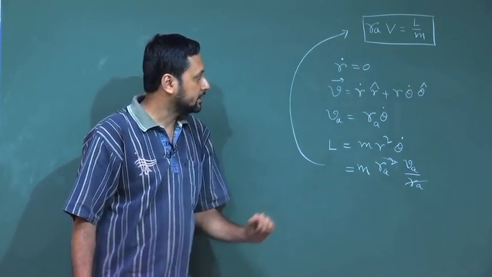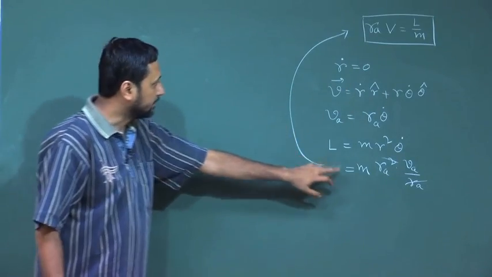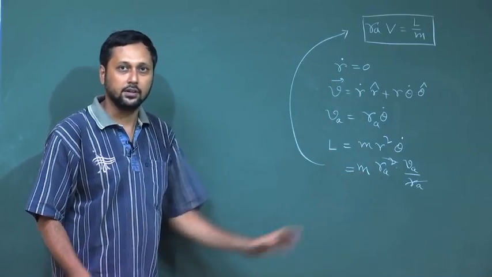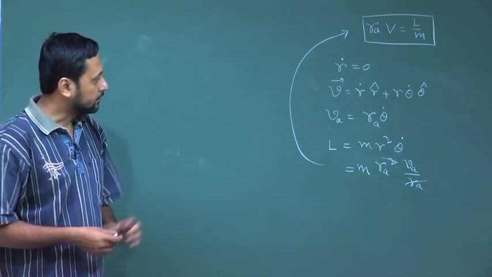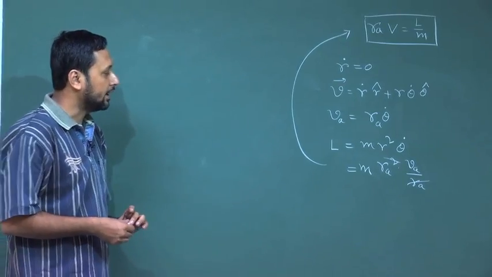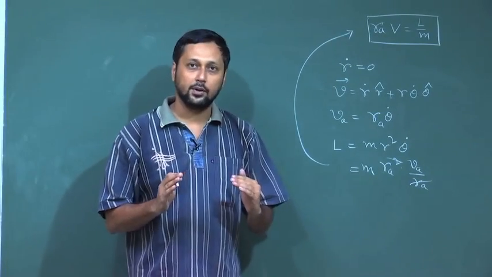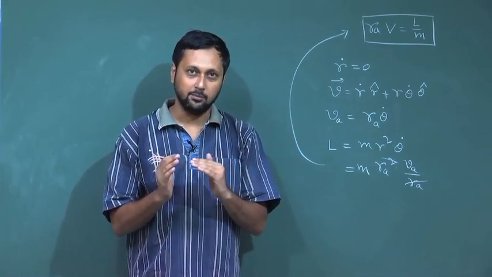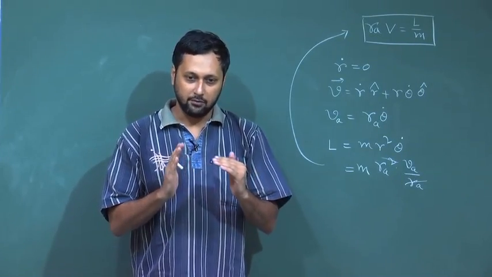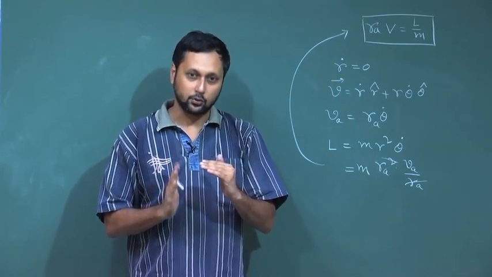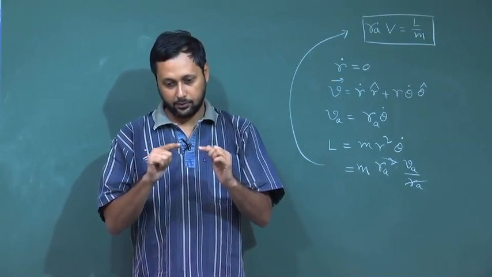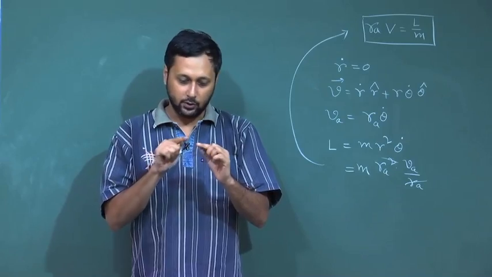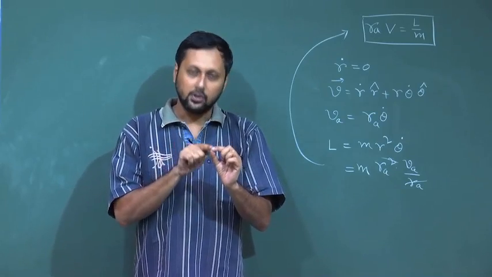So, we have seen that this is the relation which we can prove in 2 or 3 different ways, and the significance of this relation is that at an extremum point of the orbit, where r becomes a minimum or maximum, we have a velocity component which is totally perpendicular to the radial vector that joins that particular point to the origin.